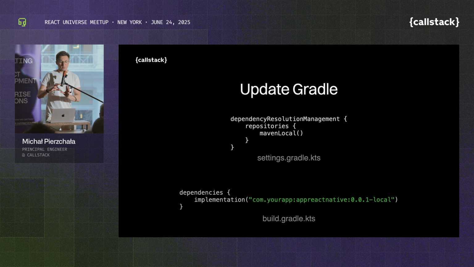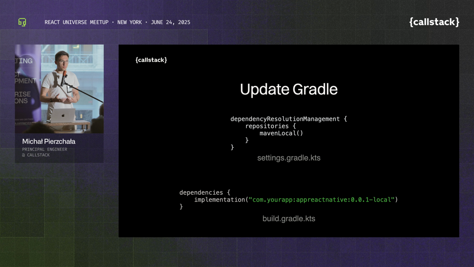To do that, in our native application we'll need to update our settings Gradle and build Gradle with some small logic to give the app an idea where to fetch this fat AAR artifact from, and what the name of it is. In this case, it's like your app React Native, some version, local.